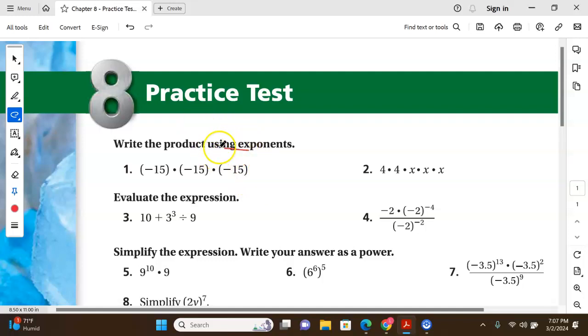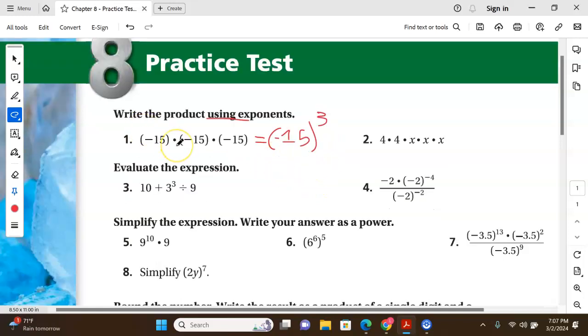That's not what they're looking for. They only ask you to write it as a product using exponents. So negative 15 times negative 15 times negative 15, you multiply negative 15 by itself 3 times, right? So it's negative 15 to the third power. So that would be number 1.